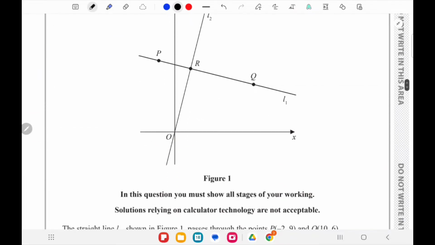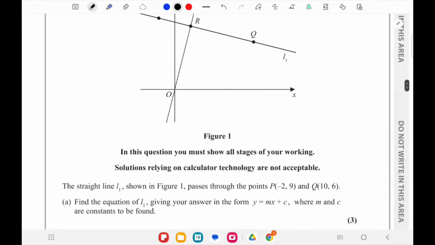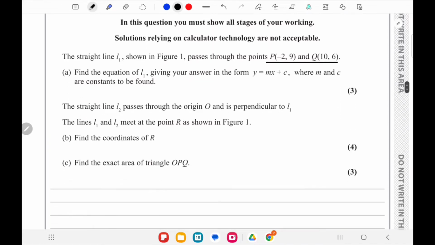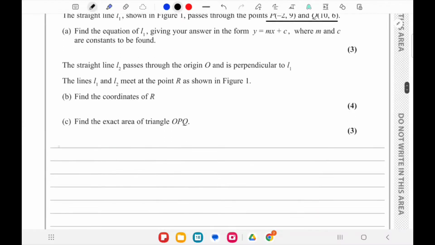Now moving to question number 5. We are given that a straight line L1 passes through the points P and Q. We have to find the equation of L1 in part A. So we can just find the gradient using y2 minus y1 divided by x2 minus x1.